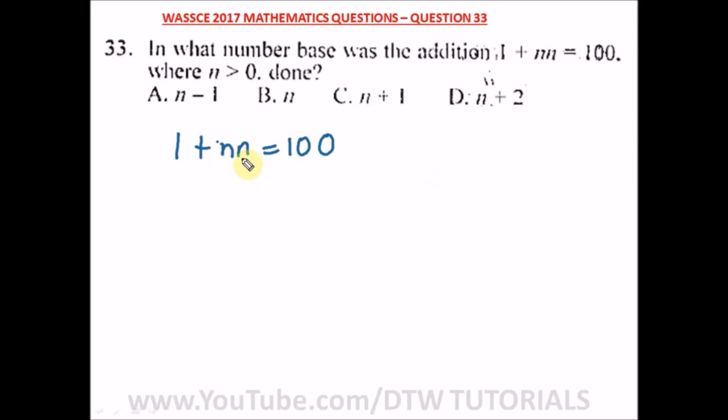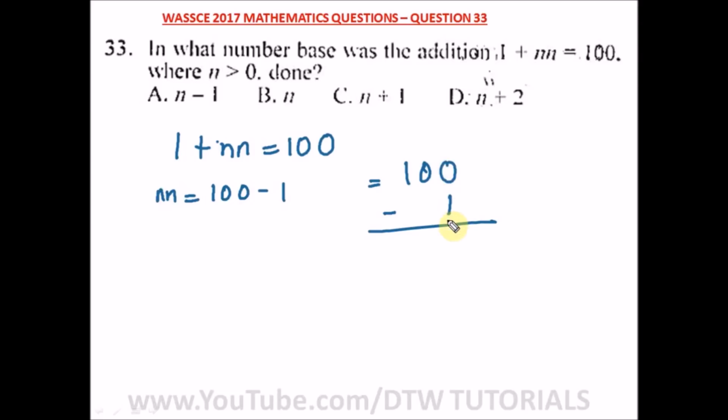To get nn, you will just take 1 to this side, so nn is equal to 100 minus 1. Let's put this in a proper format. Let's try and see if it will be base 2. Let's subtract 100 minus 1 in base 2.